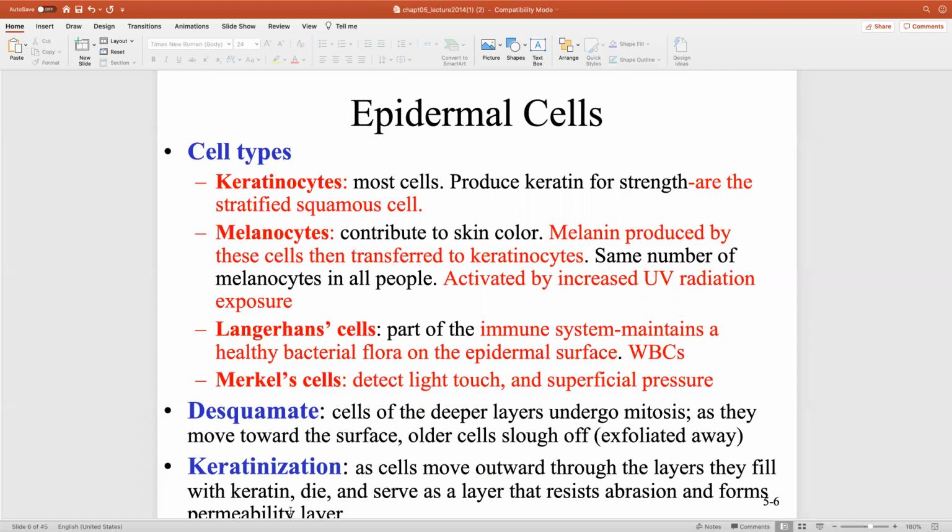As they move up to the surface, you will then exfoliate those darker color cells away. Since the new cells have never been exposed to ultraviolet radiation, they don't have as much melanin to pick up, right? So the new cells will look lighter in coloration, and then you lose your tan as a response.